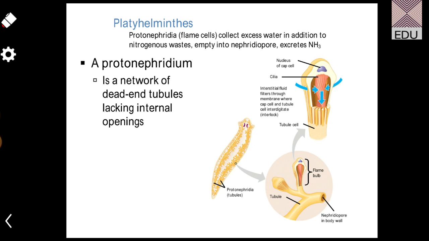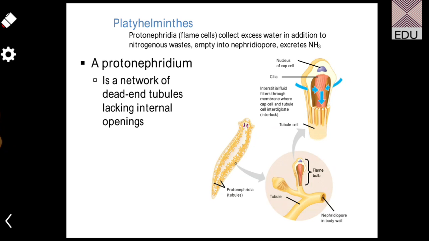Now if there are some important things which have come into the lumen, they will be taken back, and that will be taken back from this particular part, which is the capillary tube. So if you see a flame cell, this part is the capillary tube which is below every flame cell.